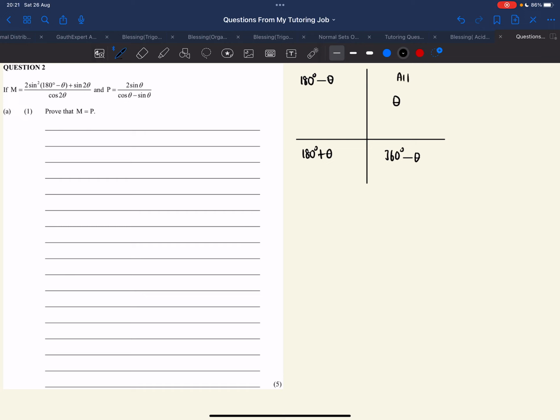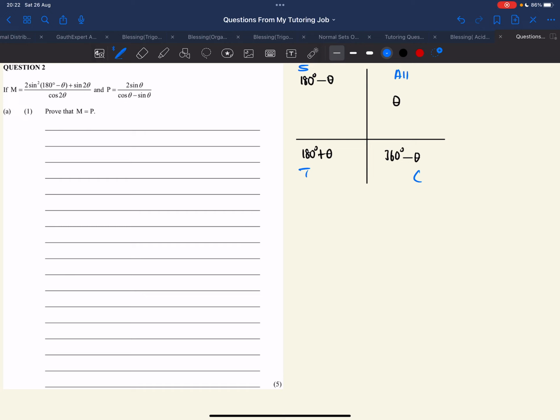There's a sentence that we use: all students take computers.